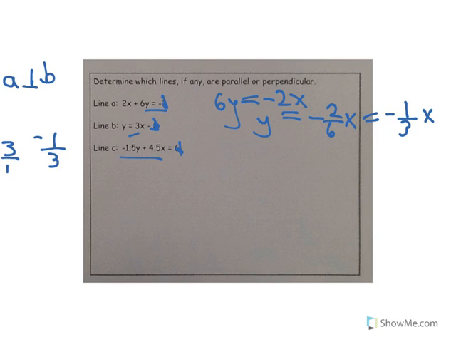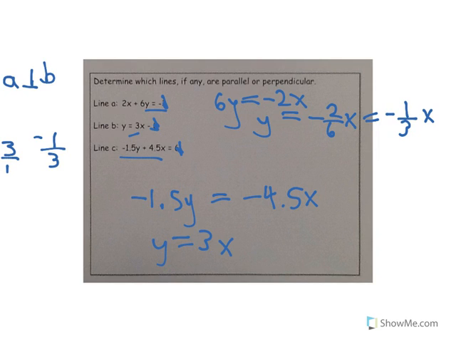So now I just need to figure out this last line here. Negative 1.5y, I'm going to bounce over that 4.5x. And so I have negative 1.5y is equal to negative 4.5x. When I divide both sides by negative 1.5, I end up with y is equal to 3x.